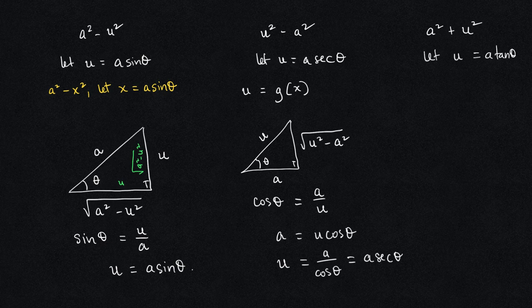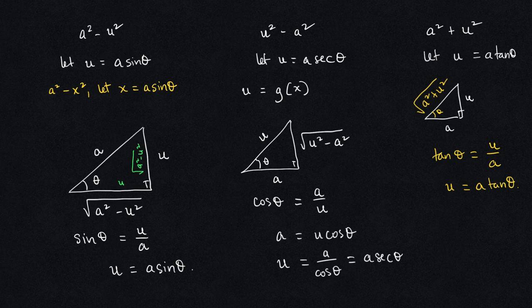And with the last case, because of a squared plus u squared, a and u have to be the sides of the legs, and therefore the hypotenuse is the square root of a squared plus u squared. We see from here that tangent of the angle theta equals u over a, and so u is a tangent of theta.